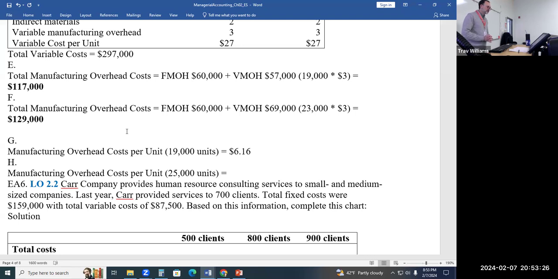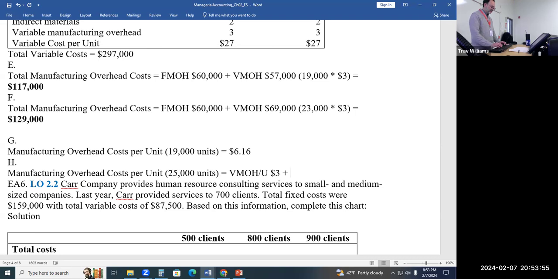And the last part of this exercise, what would be the manufacturing overhead cost per unit if we produce 25,000 units? So since we're back to the per unit cost, we know variable manufacturing overhead per unit is $3, right?